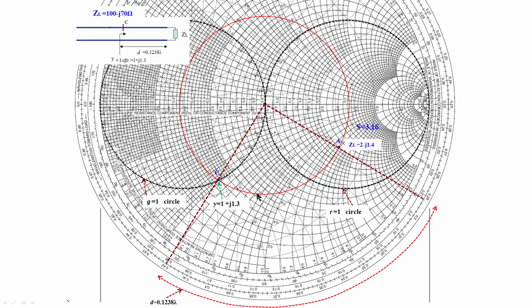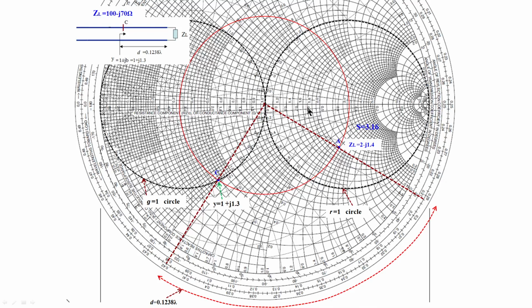Where is the conductance value 1? Wherever this VSWR circle cuts the G equal to 1 circle. You see, this is the G equal to 1 circle. These are conductance circles, all these dotted circles. What is the value?